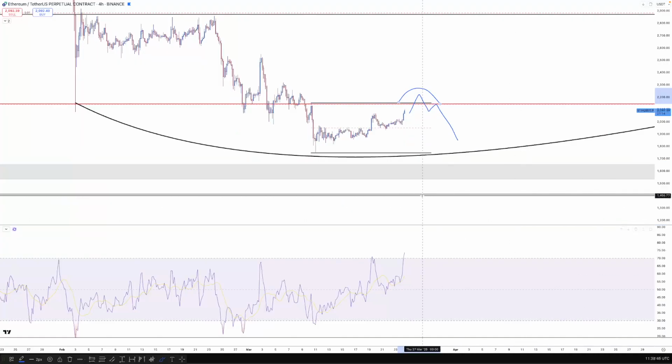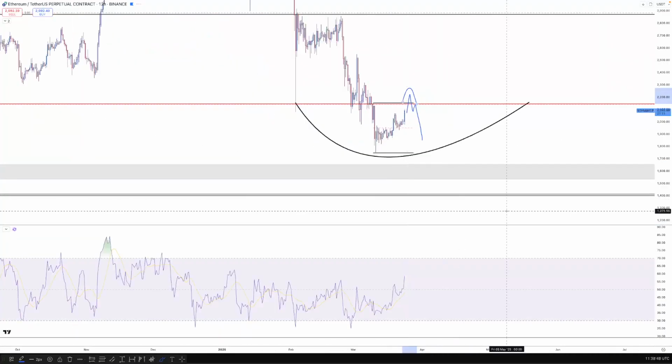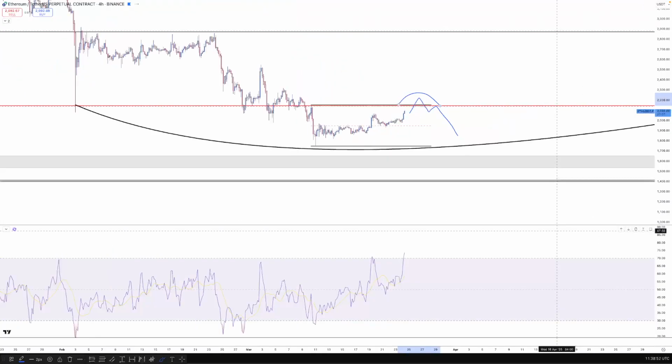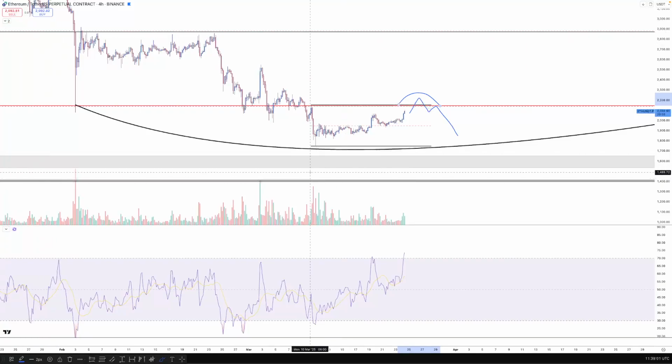On Ethereum, I think on the 12-hour, no, we are still not showing any sort of weakness on RSI. But potentially, I think volume is drying up a little bit. Yes, price is moving higher, but volume is not following so far.